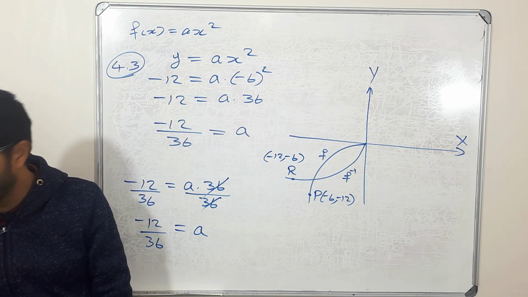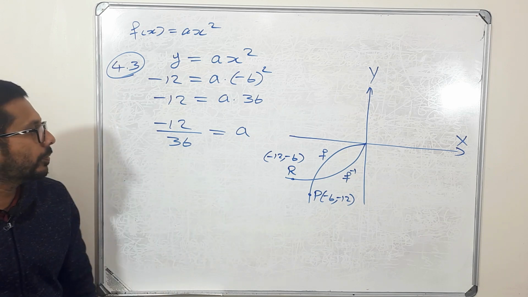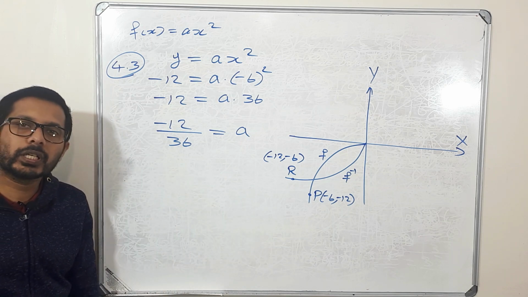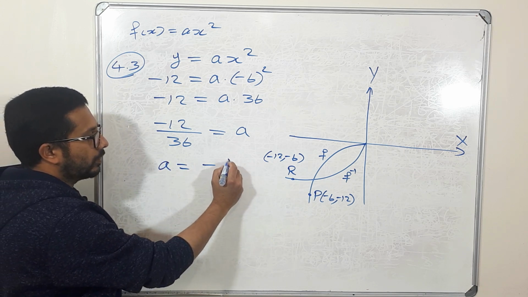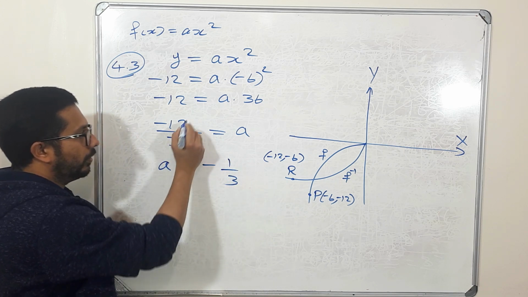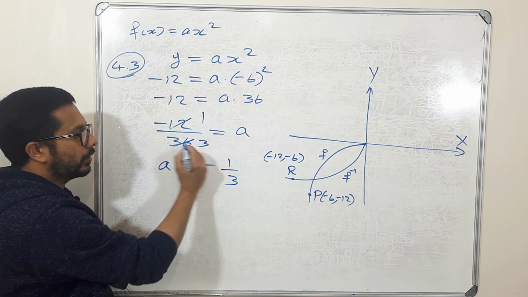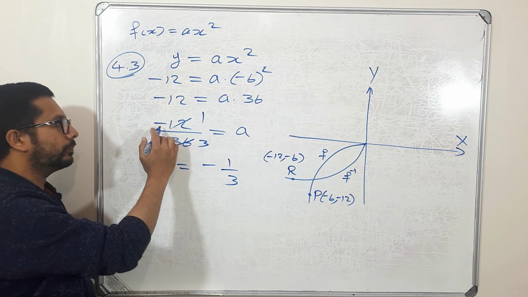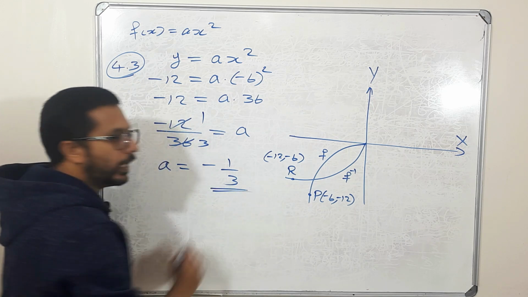So what is the value of a now? a is equal to, when you simplify this one, 12 times 3 is 36. So a is equal to -1 over 3. 12 divided by 12 is 1. 36 divided by 12 is 3. So it is -1 over 3, and that is the value of a.